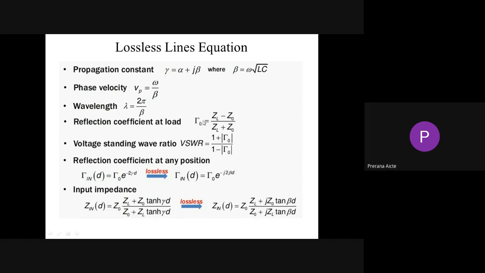What will happen here? Then delta is equal to 0. If it is not equal, the value is less than 1, because the denominator is an addition and the numerator is a subtraction, so the total resultant value is less than 1. That's why the reflection coefficient lies between 0 and 1.